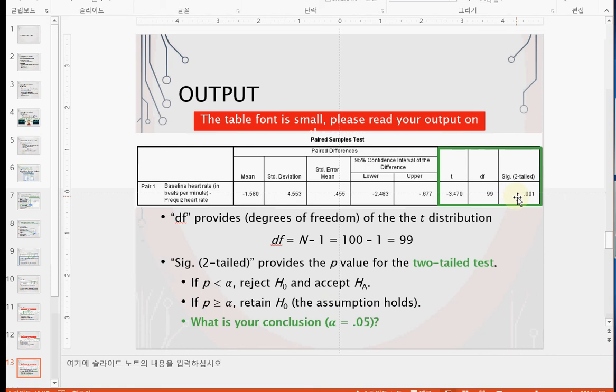The p-value is obviously much smaller than 0.05. According to the decision rule, if the p-value is less than alpha, we reject the null. But we need to go one step further, because this p-value is for a two-tailed test.